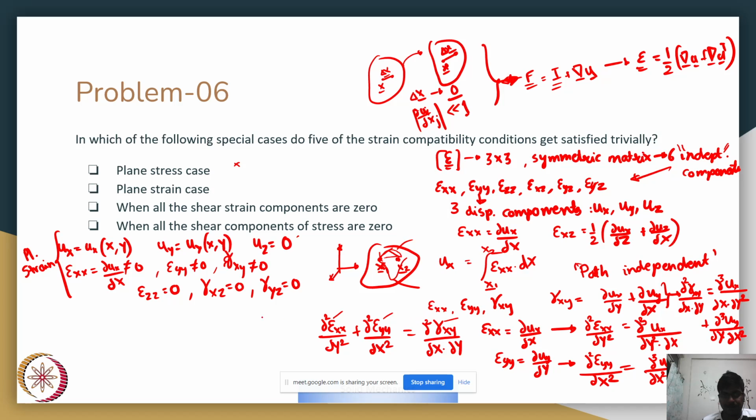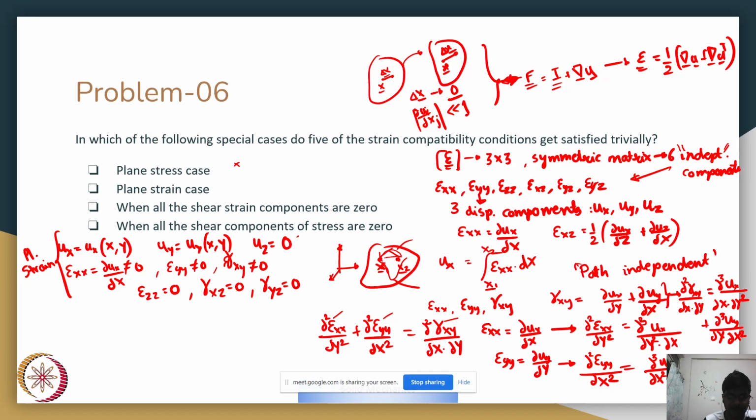Now, as you can see, this condition satisfies this one strain compatibility equation. The other strain compatibility equations can be found out by interchanging xy with, say, xz and yz.